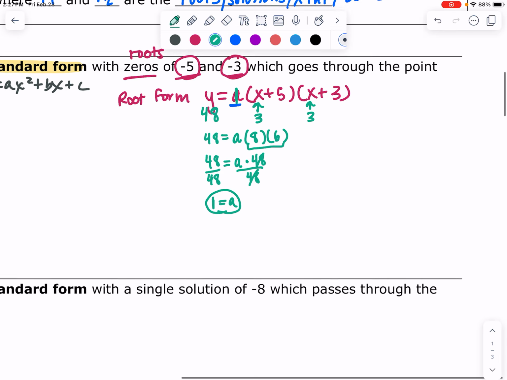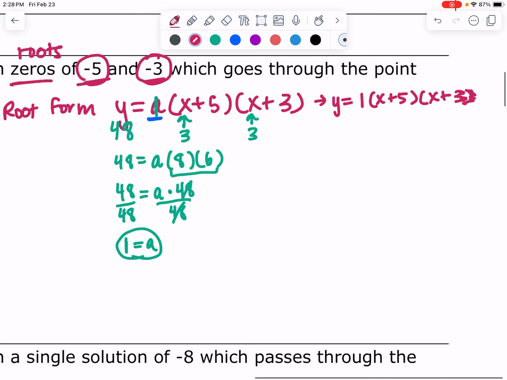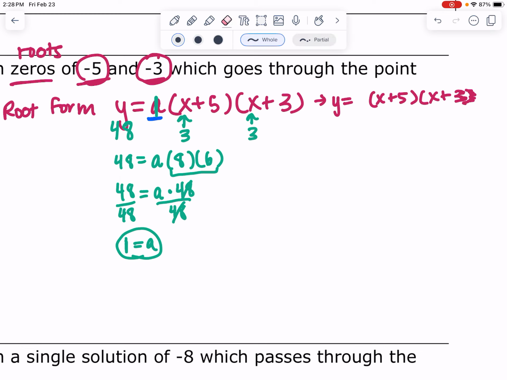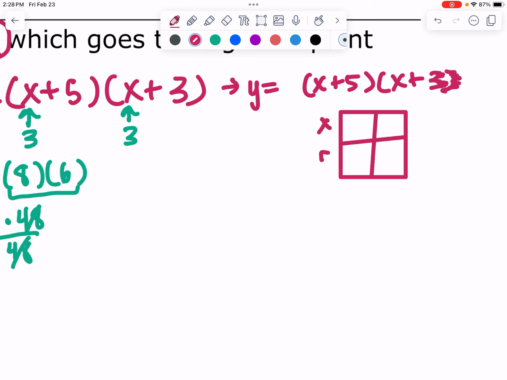Okay, and so in root form, the equation is y equals 1 times x plus 5, x plus 3. And usually they won't write the 1, so I'm just going to delete it. And so to convert it to standard form, we just make a box. X plus 5, x plus 3, x squared, 3x, 5x, 15.